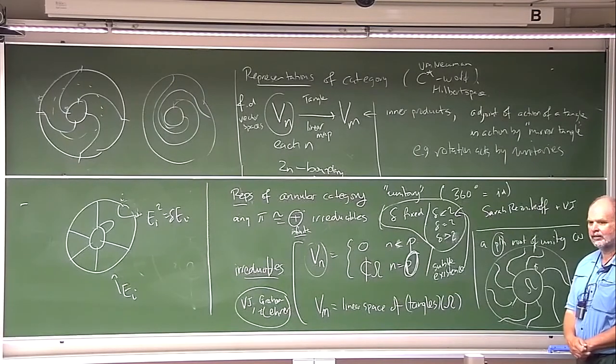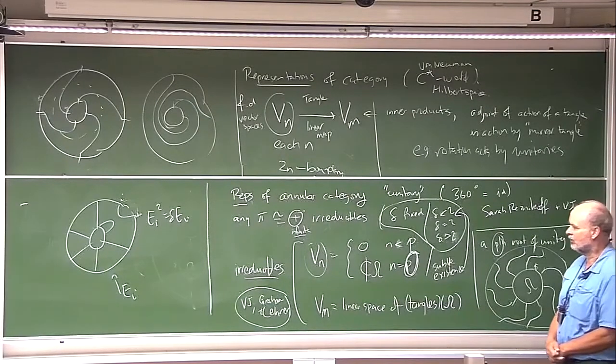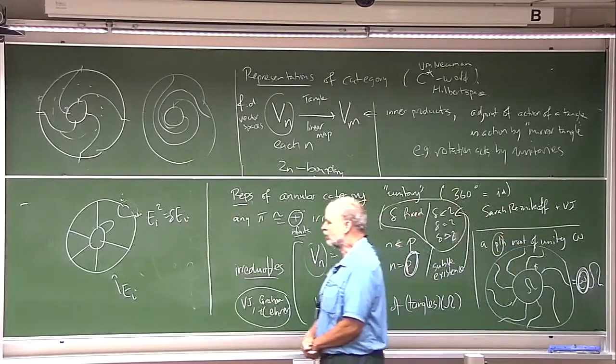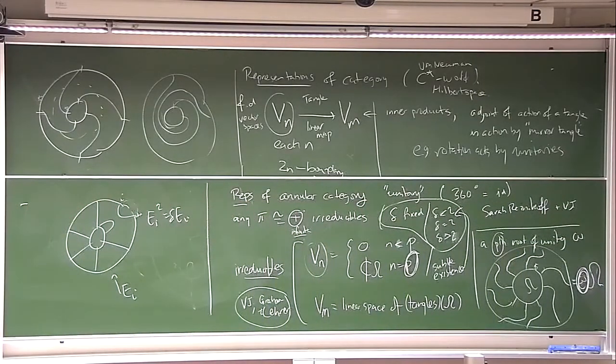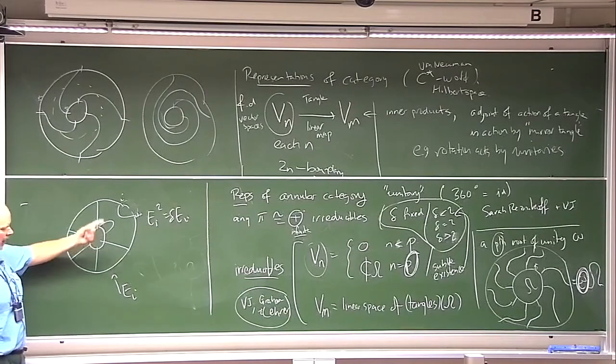So that's the annular theory. It's a very beautiful theory, and it's the sort of planar algebra way to attack the construction, the existence and non-existence of subfactors of index bigger than 4. You somehow decompose them with respect to the action of this annular tangle.